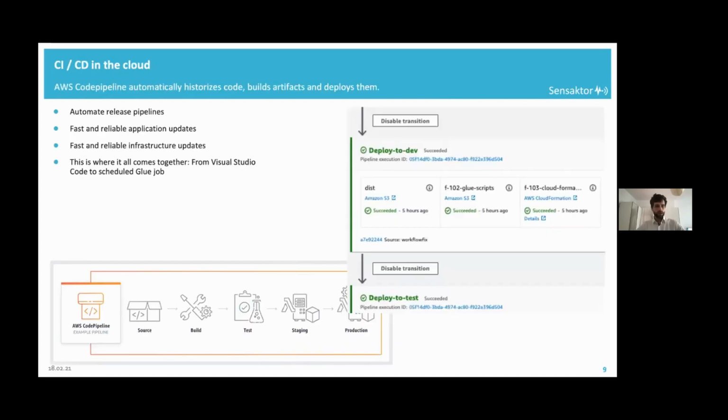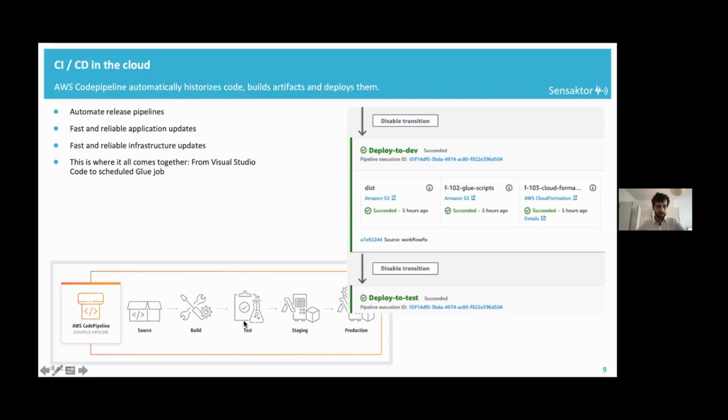Okay, we go now to the last section, CI/CD in the cloud. And this section really brings everything together that I've been talking about before. We have automatic release pipelines when we use CI/CD in the cloud. These release pipelines consist of taking your code from the source, building the code into a package, and then putting it into a test environment.